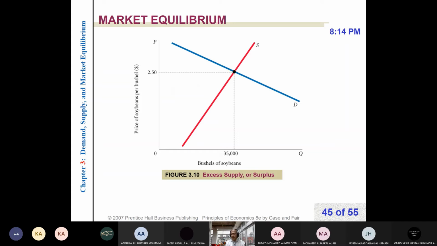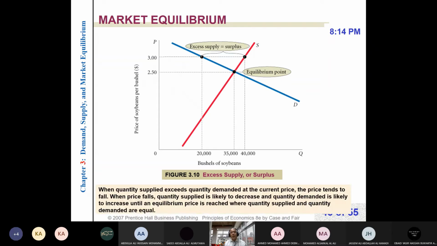So assume Jasim Ali went to the market early in the morning and he found the price per kilo of tomatoes is 3 dirhams. So we need to read the information. Again, the market demand curve refers to the willingness of customers.